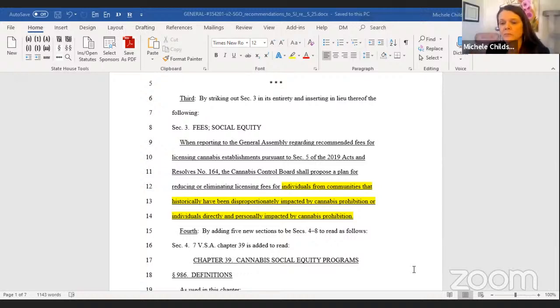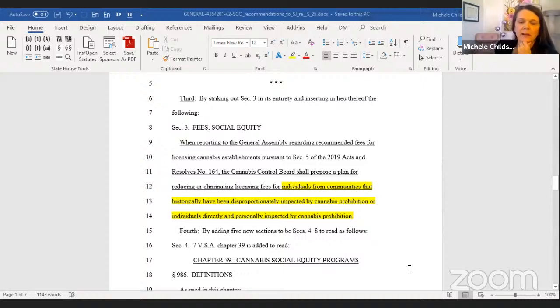Okay. Thank you. So on section 3 on social equity, this is just a tweak. You had 2 subsections in there. One was directing the board to look at reduced fees for certain communities. The other had to do with asking the board to report back to you on a low interest loan fund for marginalized communities. Right now, section 3 just has to do with fees.